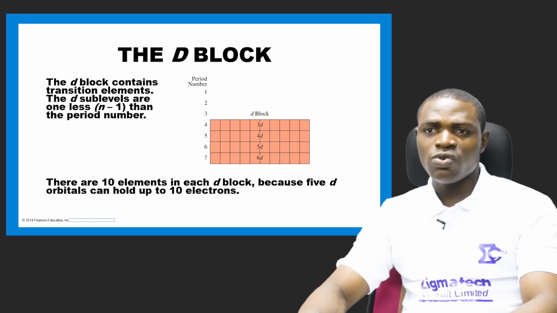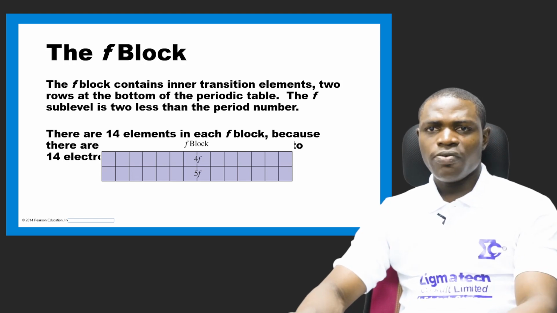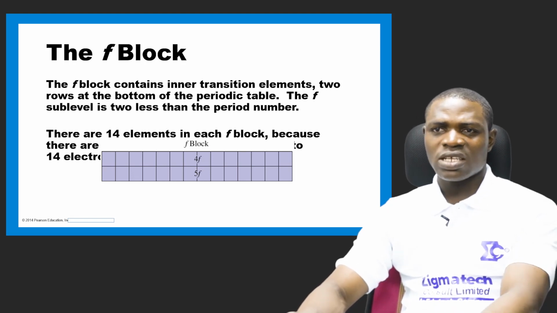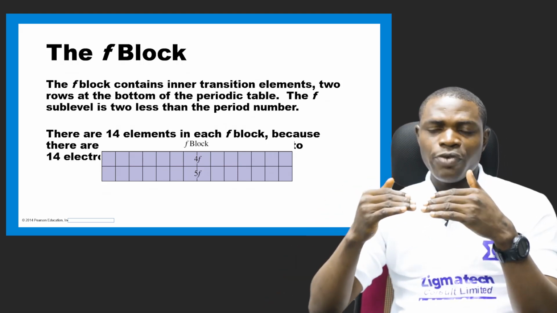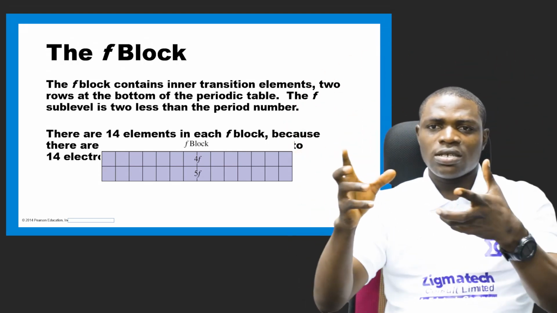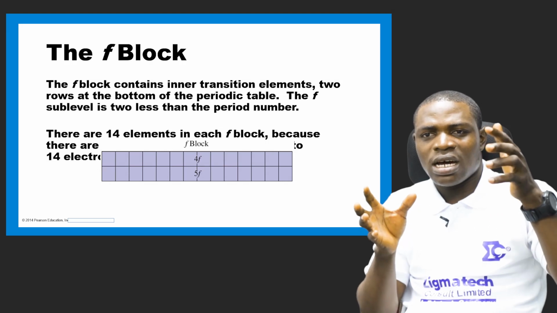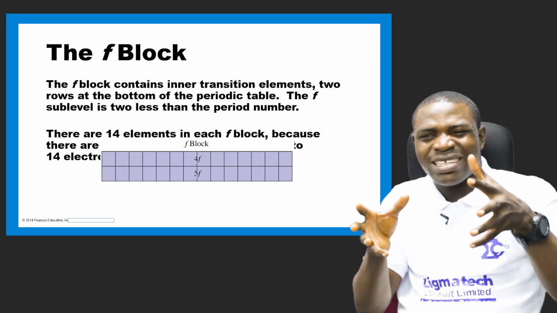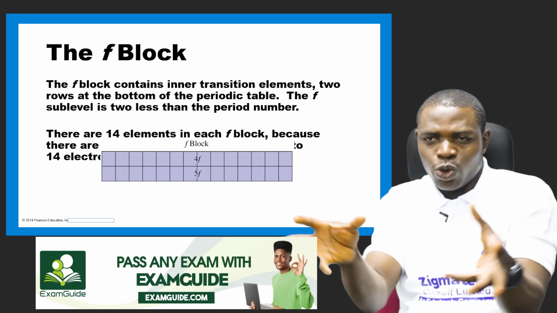So let's go to F, which is the last block in the periodic table. The F block contains the inner transition elements, in 2 rows at the bottom. If you look at the modern periodic table, you understand that the F block elements, which you call the lanthanides and the actinides, are separated from the main group.